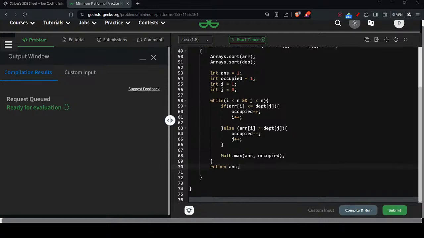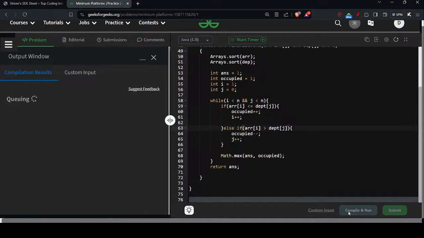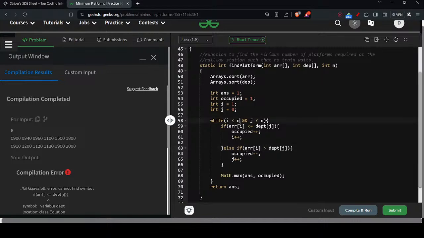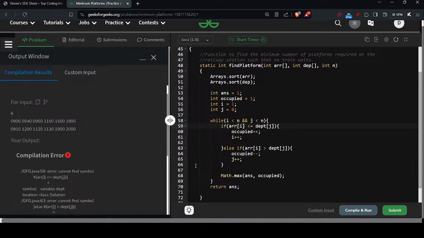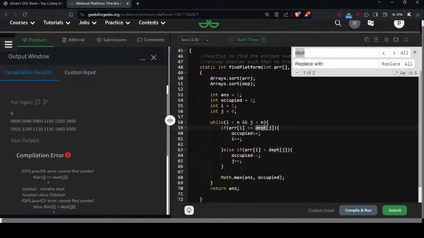I was not showing you all the time complexity. I will do it after submitting this question. What, cannot find symbol? Okay, it's not departure, it's dep.